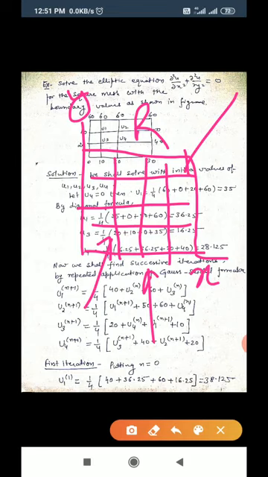Now we proceed to find the finite difference approximation for the partial derivative.